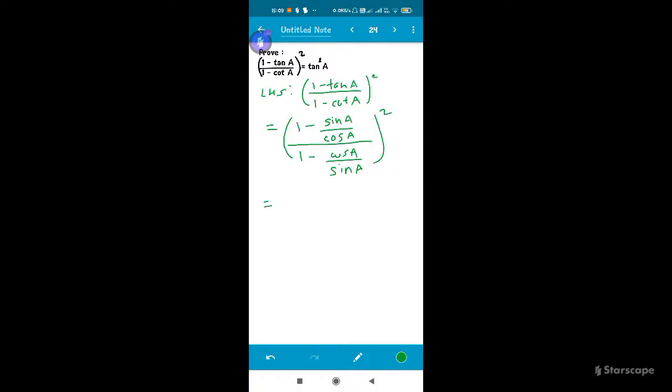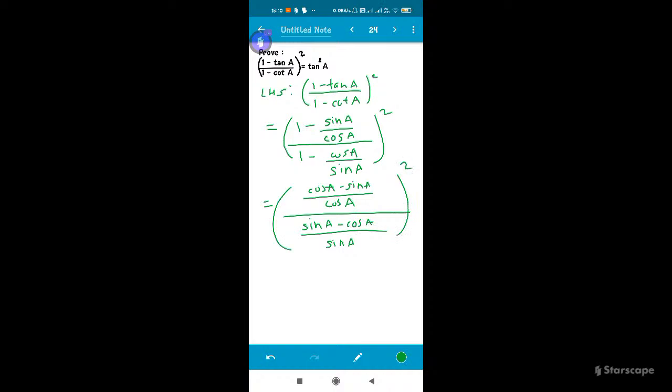In both the numerator and the denominator we have fractional values, so we are going to find the LCM. In the numerator we have the LCM as cos a, and here we have cos a minus sin a, and in the denominator also we have to find the LCM. The LCM is sin a, and here we can write sin a minus cos a, whole square.